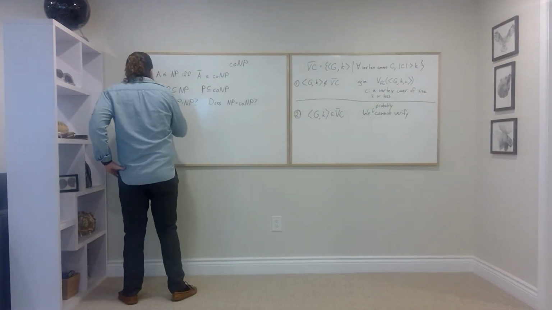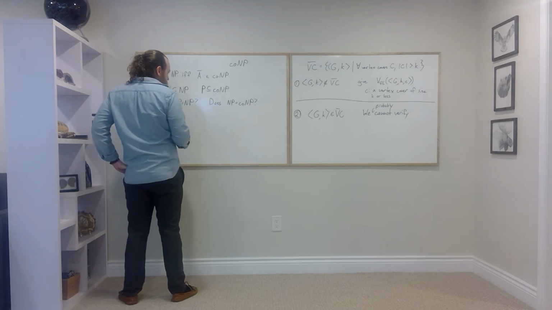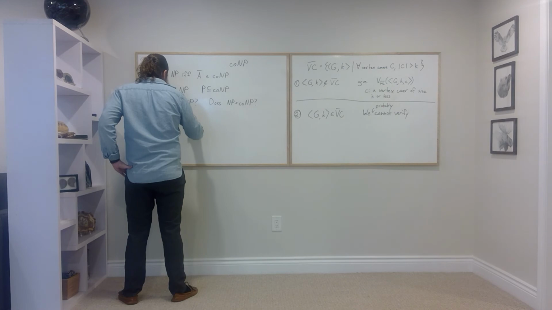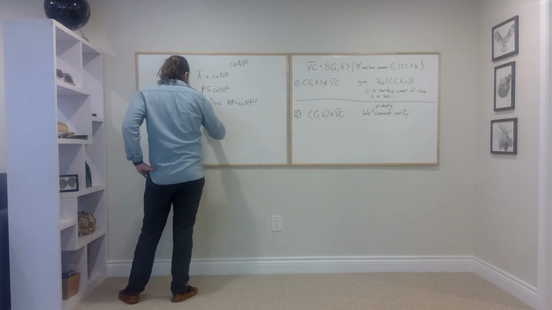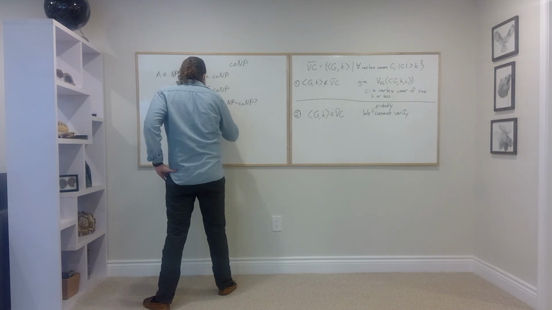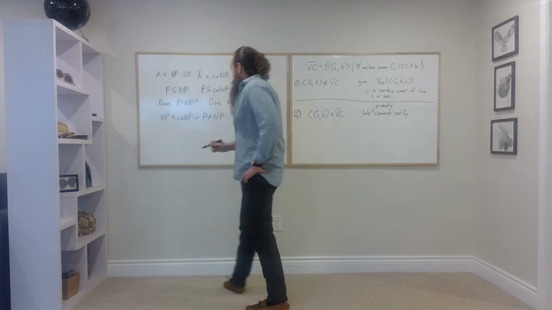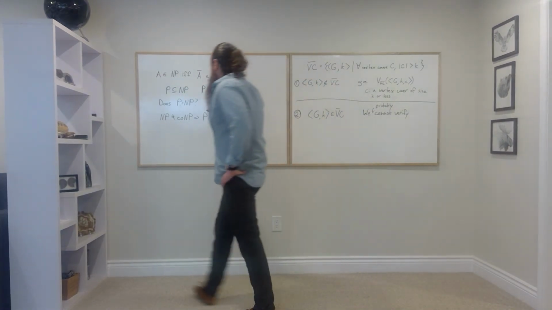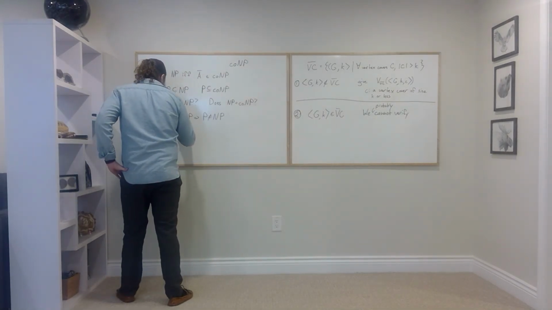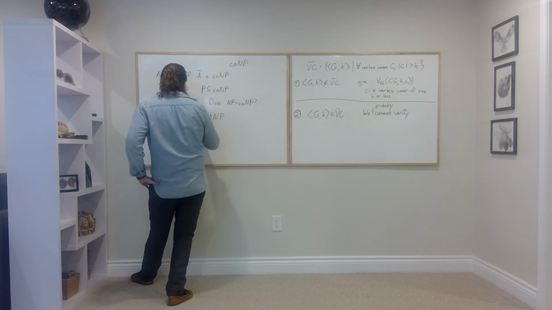If NP does not equal co-NP, this implies P does not equal NP. Or if you take the contrapositive, if P equals NP, that implies NP equals co-NP.